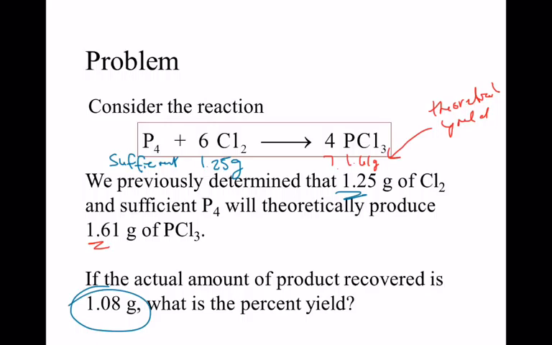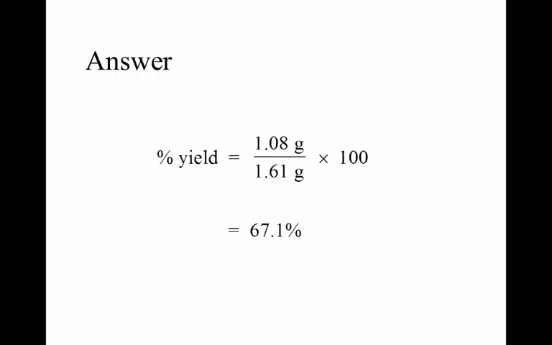Calculating the percent yield then is simply a ratio, a division. We put what we got back, which is 1.08 grams, divided by what we thought we should have gotten back from the stoichiometric calculation, 1.61 grams. We multiply that by 100% and round to 3 significant figures, and you get 67.1%.